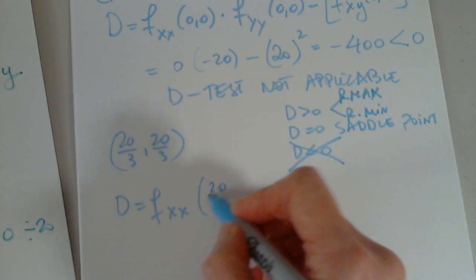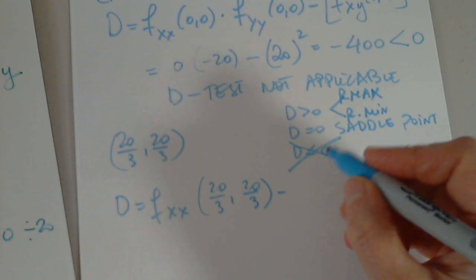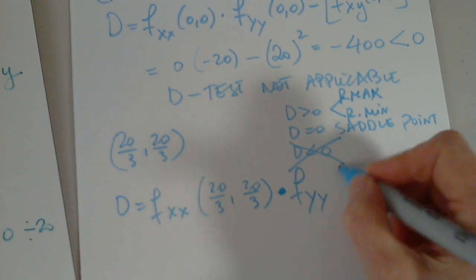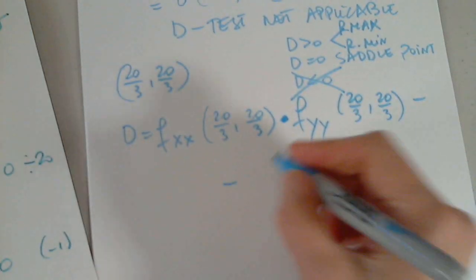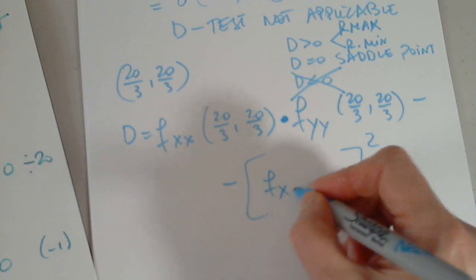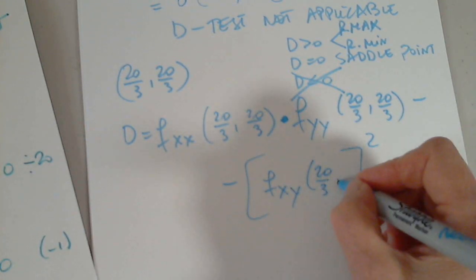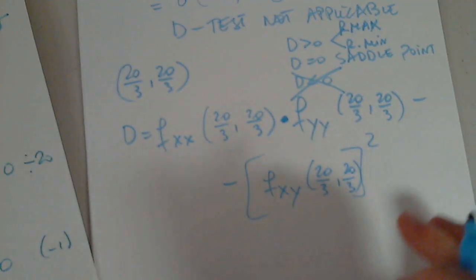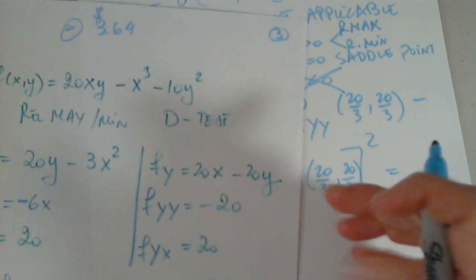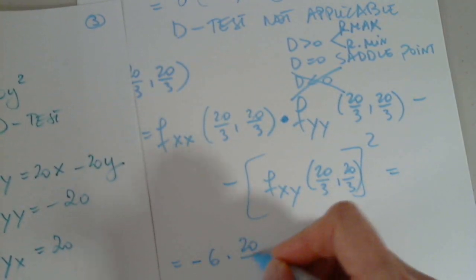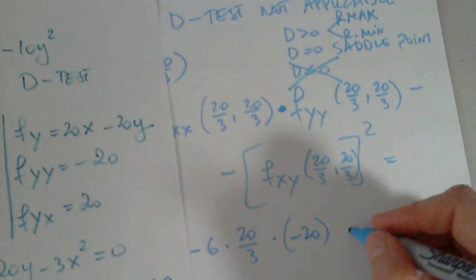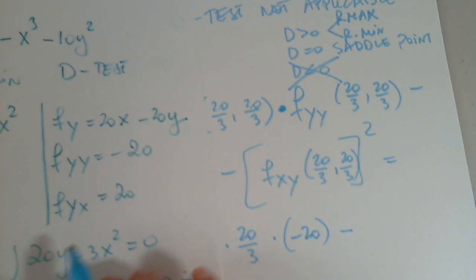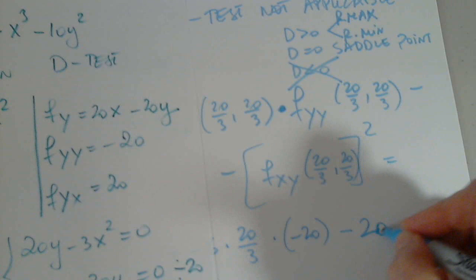So fxx at (20/3, 20/3) times fyy at (20/3, 20/3) minus fxy at (20/3, 20/3), squared. fxx at 20/3 is -6 times 20/3. fyy, it's still -20, I cannot change that, minus fxy or fyx, still 20 squared.